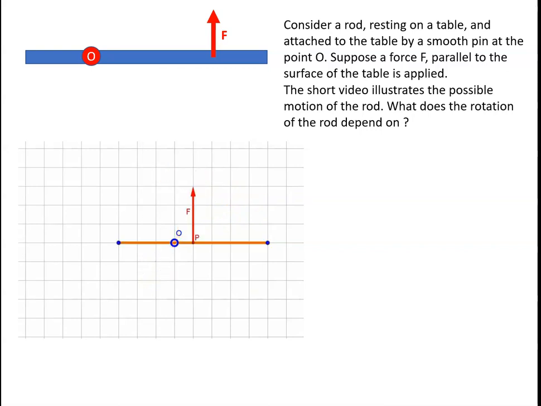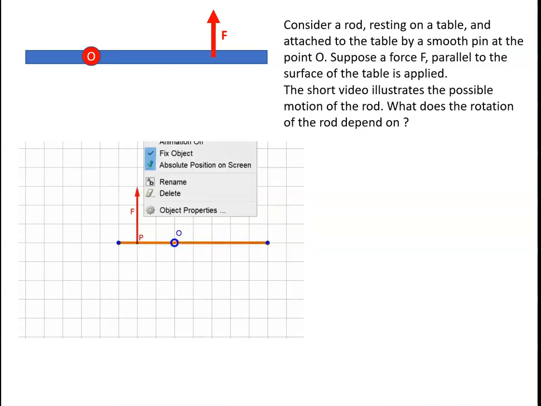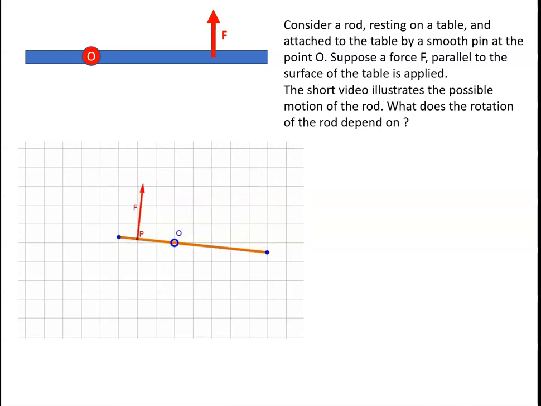And for the next ones, we're going to change the position of the force F. And we can see that that again certainly changes the rotation that we get.